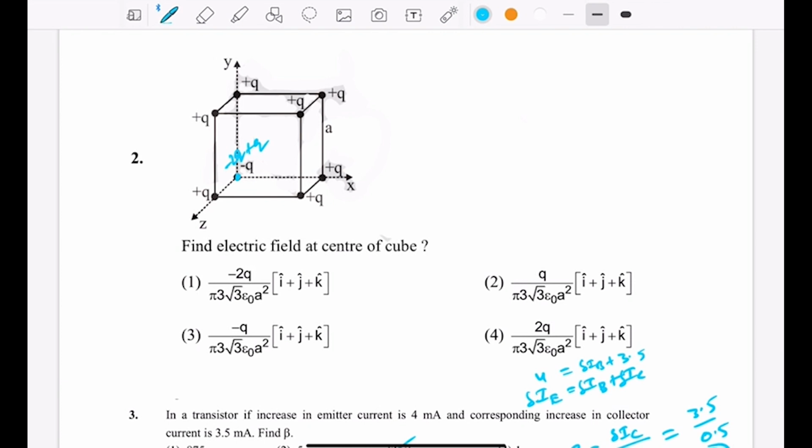The distance will be root 3 a by 2. So k into 2q by a square.